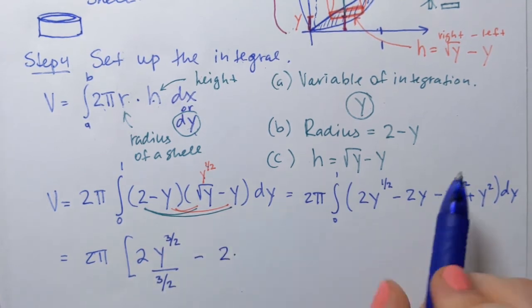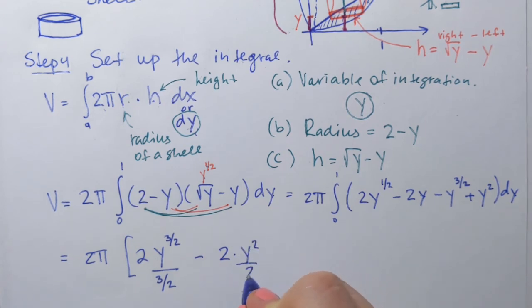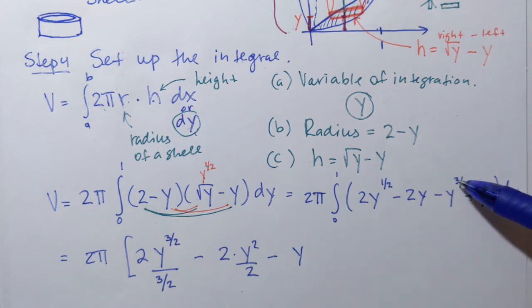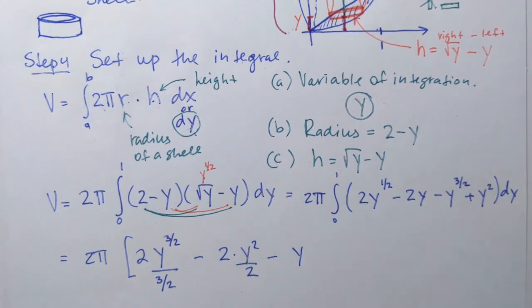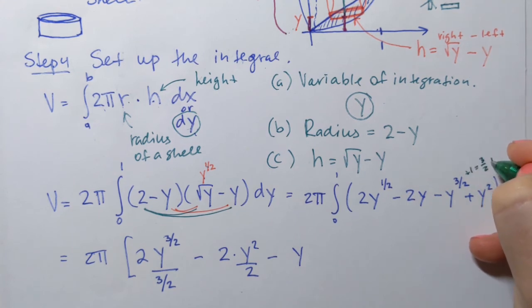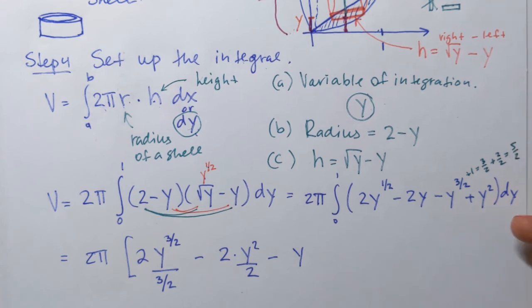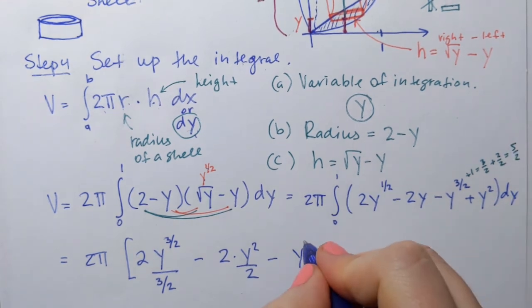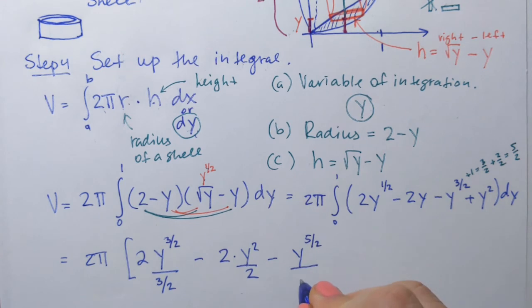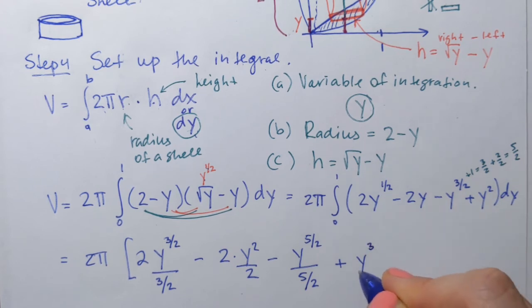Minus 2 times power 1, 1 plus 1, 2, y squared over 2, minus y to the power 3 over 2 plus 1. 3 over 2 plus 1, that's the same as 3 over 2 plus 2 over 2, which is 5 over 2. Okay, so that's going to be y to the power 5 over 2 divided by 5 over 2. Plus y plus 1 to the 3rd power over 3.